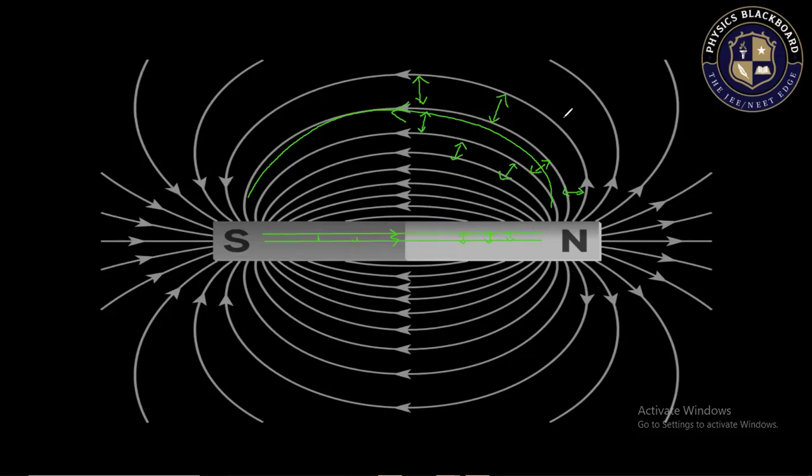So we can say that outside the magnet, you can find a non-uniform magnetic field, but inside the magnet, you can find a uniform magnetic field. So these are some of the properties of magnetic field lines or magnetic field.